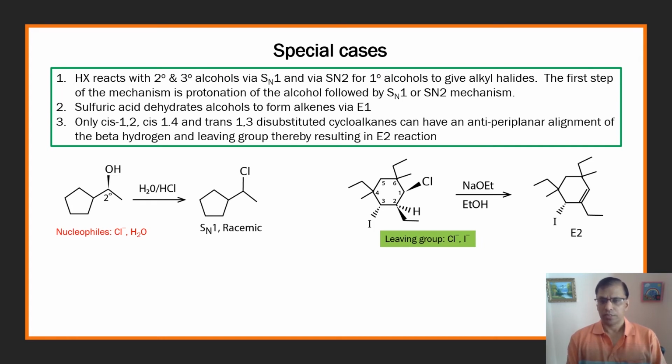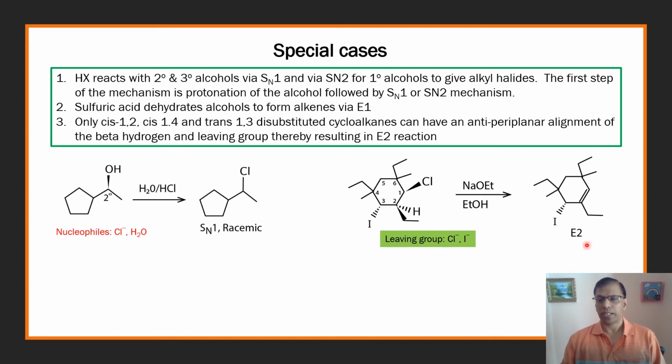However, as you can see from the product, the chloride is lost and iodide stays. And the reason for this is because this hydrogen is anti, or in the opposite direction, of the leaving group.